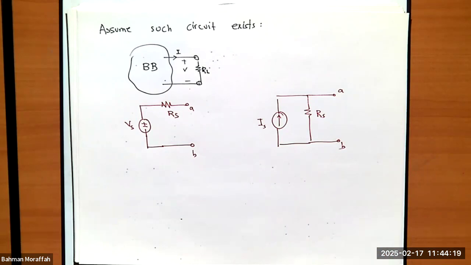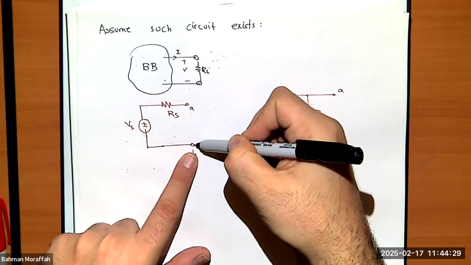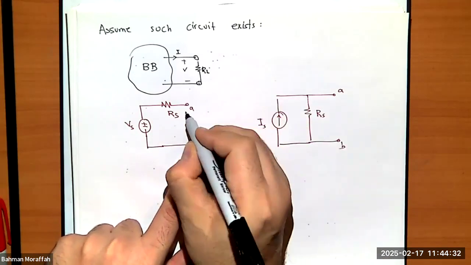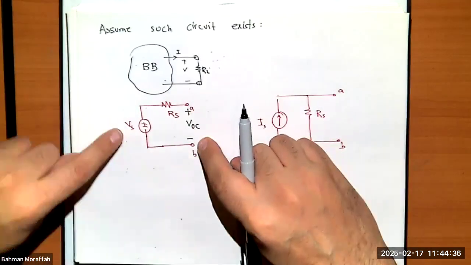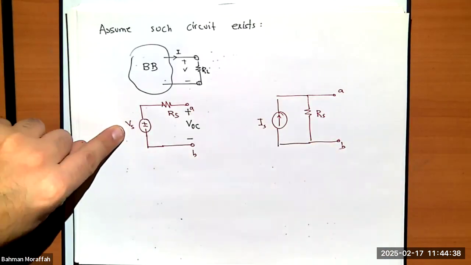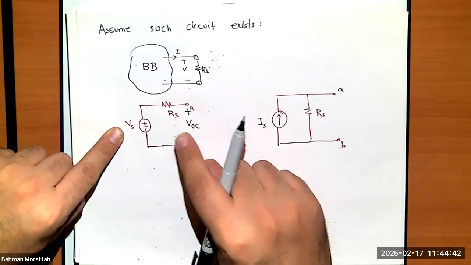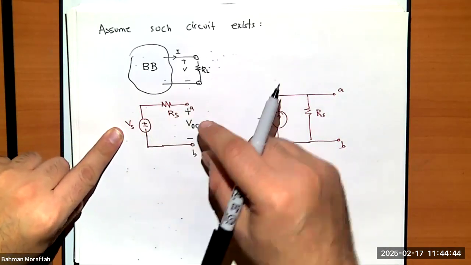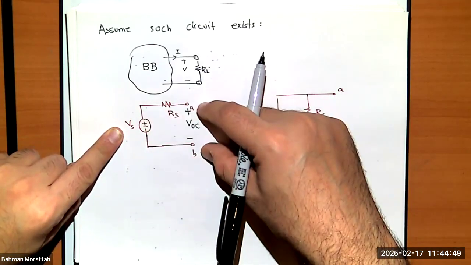If I wanted to find Vs in this circuit, how could I do that? Do you agree if I leave these two terminals open and if I compute voltage here, this voltage is exactly Vs? Why? Because this is open. There is no current going through this. So whatever voltage I have here is just going to jump across this. Right?